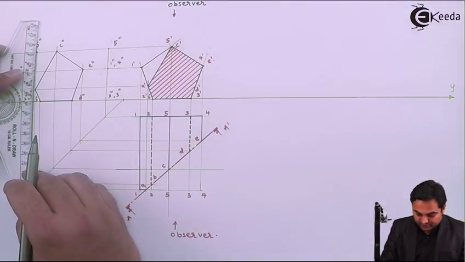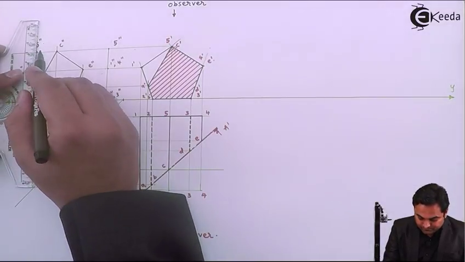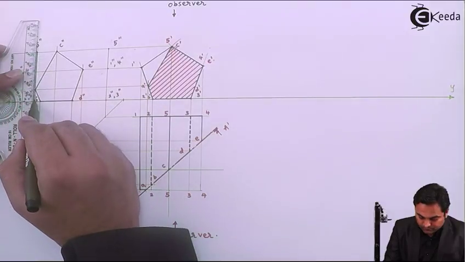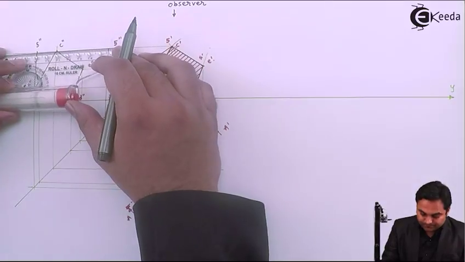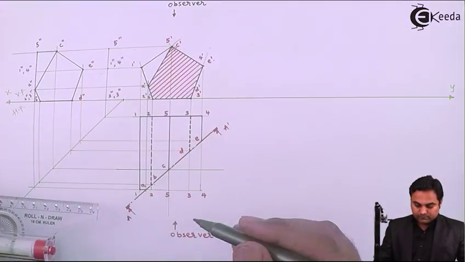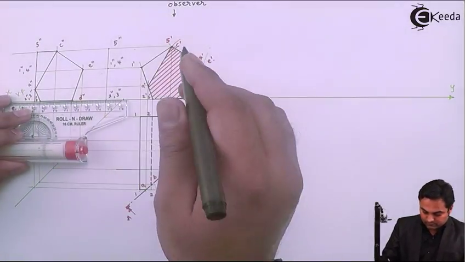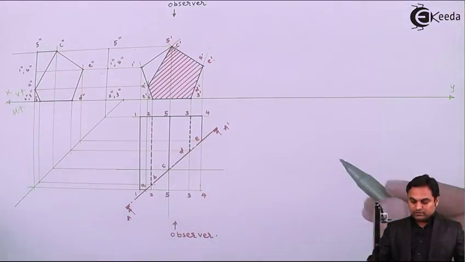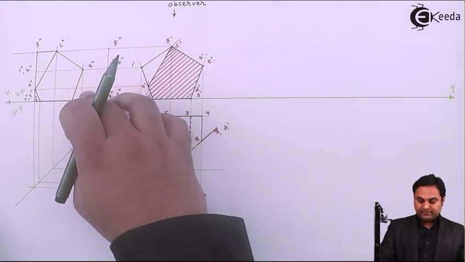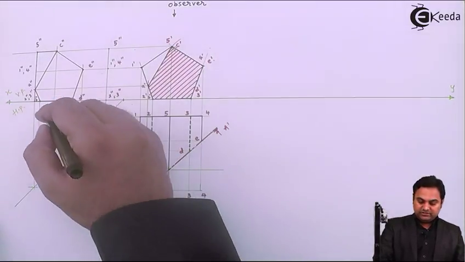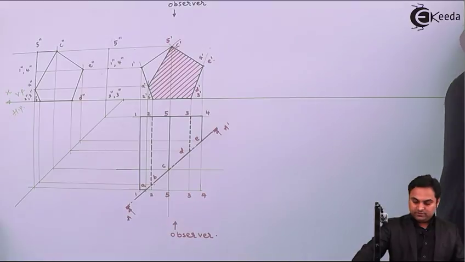So here I'll connect them in order. This much portion is visible. 5 to C is visible. Up to B it is visible, and this portion which is there on the right hand side, that has been removed. So only this much part of the prism is remaining.